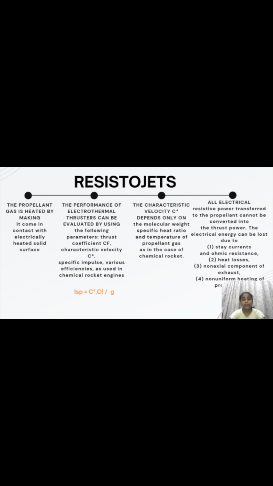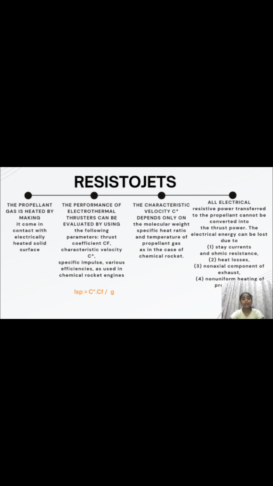It's like when you touch a hot stove and it warms your hand, but in this case it's rocket fuel getting hot by touching a surface that's heated up by electricity. The super hot fuel then turns into a powerful gas that shoots out of the rocket, allowing the rocket to move forward.